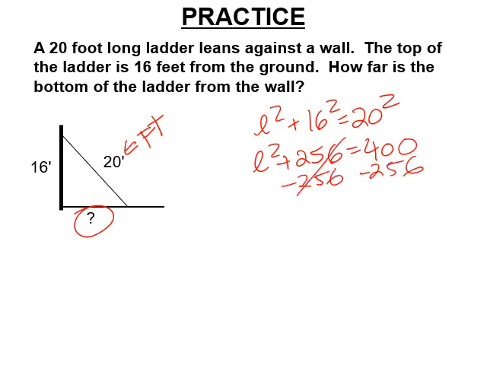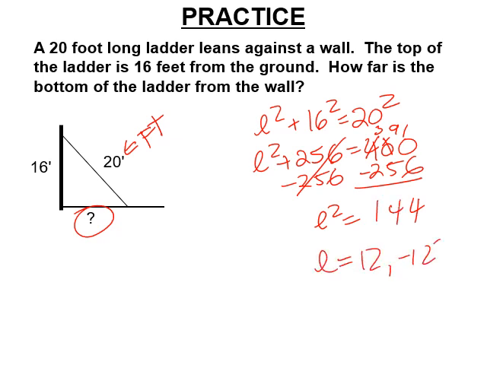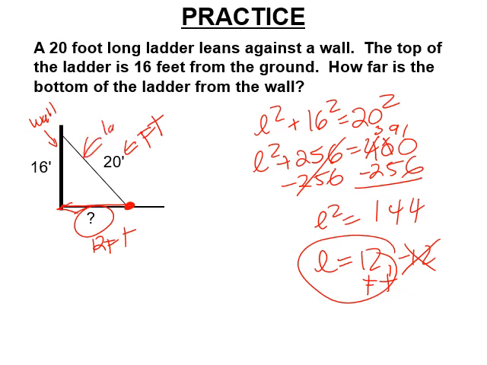We're subtracting from both sides because a leg was missing. We're borrowing correctly. Oh, 144. So it's 12 and negative 12, but we're doing 12 feet. The bottom of this ladder has to be exactly 12 feet from the wall. This was the wall, by the way. We've seen this picture, and this was the ladder.